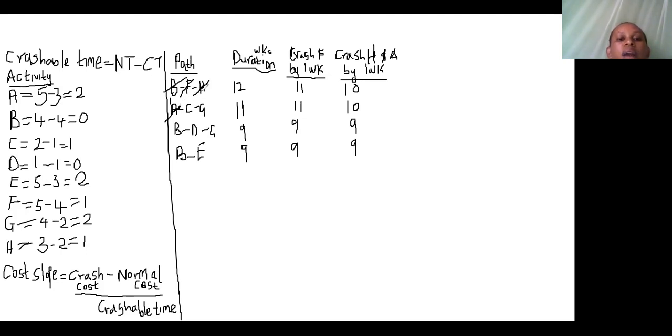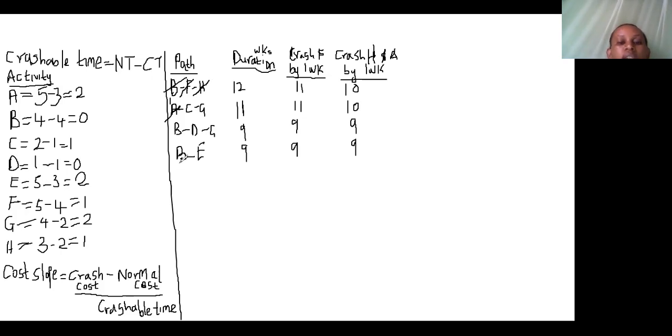And then we do one more crushing of activity H, maybe together with any other activity, again by the 1 week that is remaining, because we must exhaust the crushable time for all the activities which were the original critical activities in the project. And the moment we exhaust those crushable times for all the original critical activities, then we mark the end of the crushing of the activities.